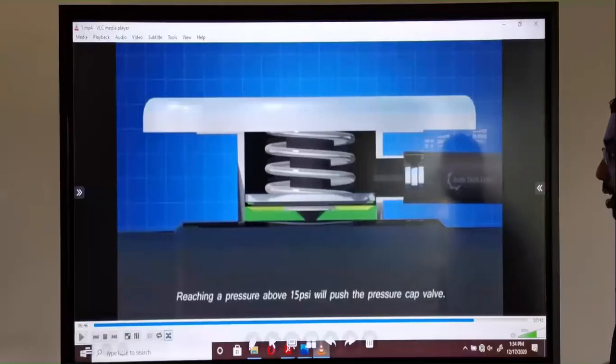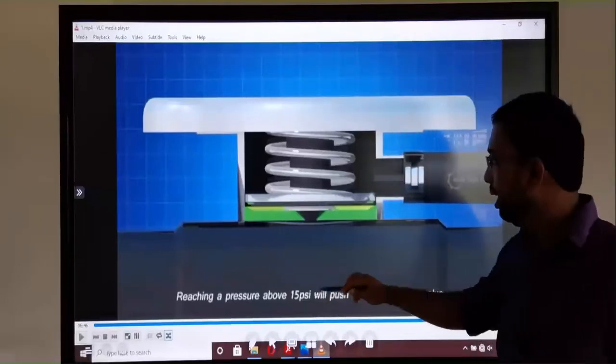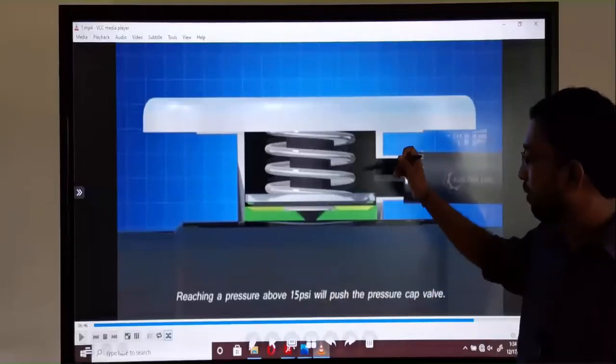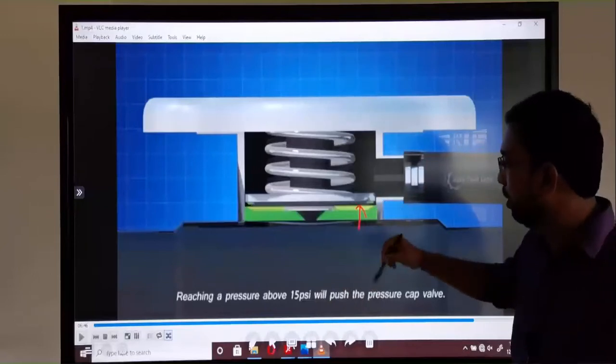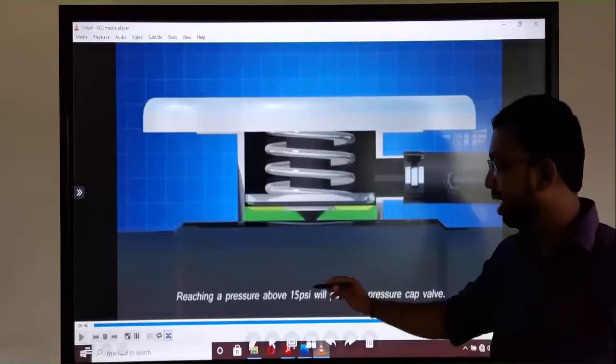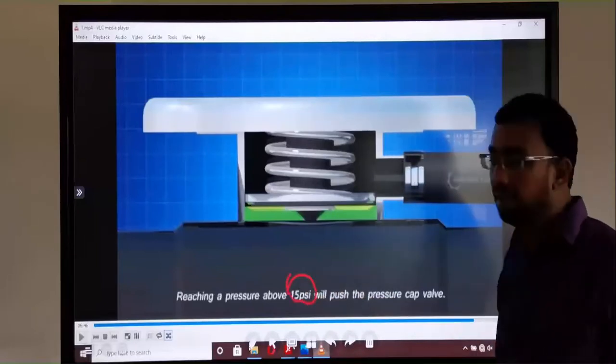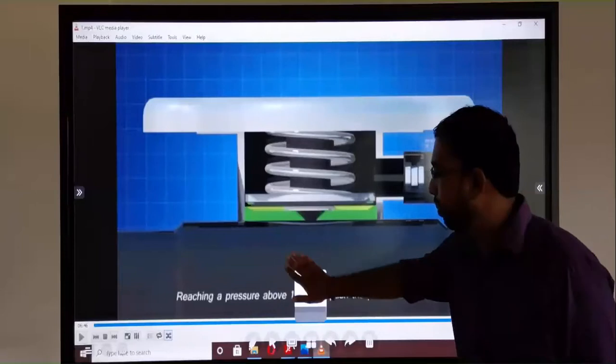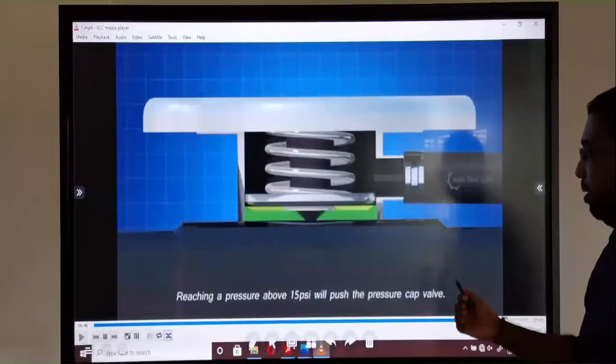Sometimes it may produce a high pressure. When it absorbs the pressure, this spring can absorb 15 psi. If this pressure increases, what will happen?